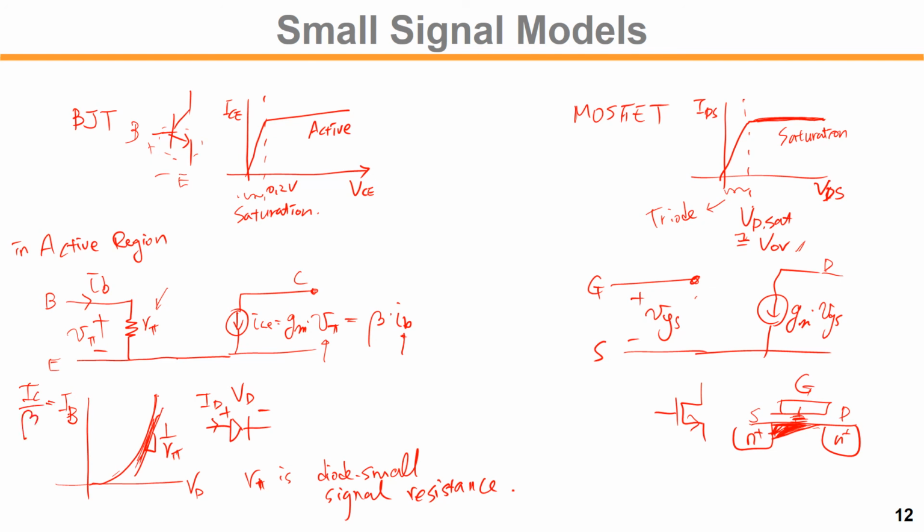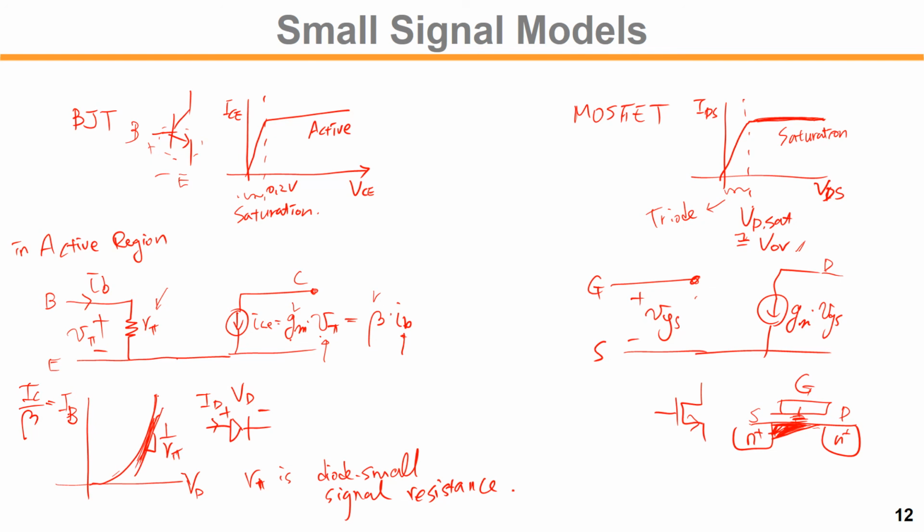In the IB versus VD diode voltage relationship, there's some finite slope there. The slope is 1 over Rπ, the small signal resistance between base and emitter. That GM times Vπ results in the collector current IC. It can also be represented with current gain beta, so IB times beta determines the collector current.